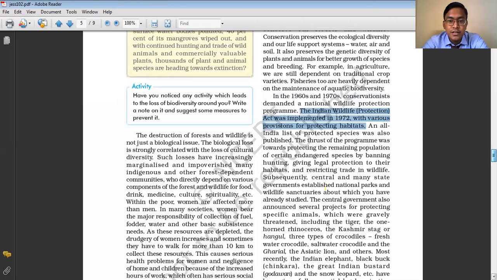In 1972, the government of India implemented the Wildlife Protection Act to protect the habitat of wildlife and forest resources. Habitat means a particular area where plants and animals can live properly and get their natural environment to survive.